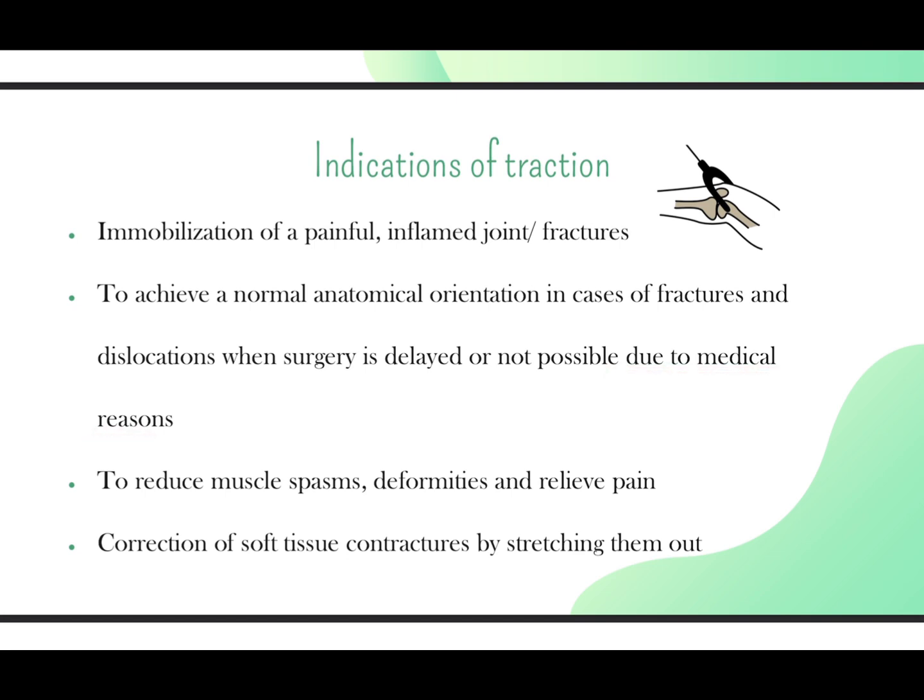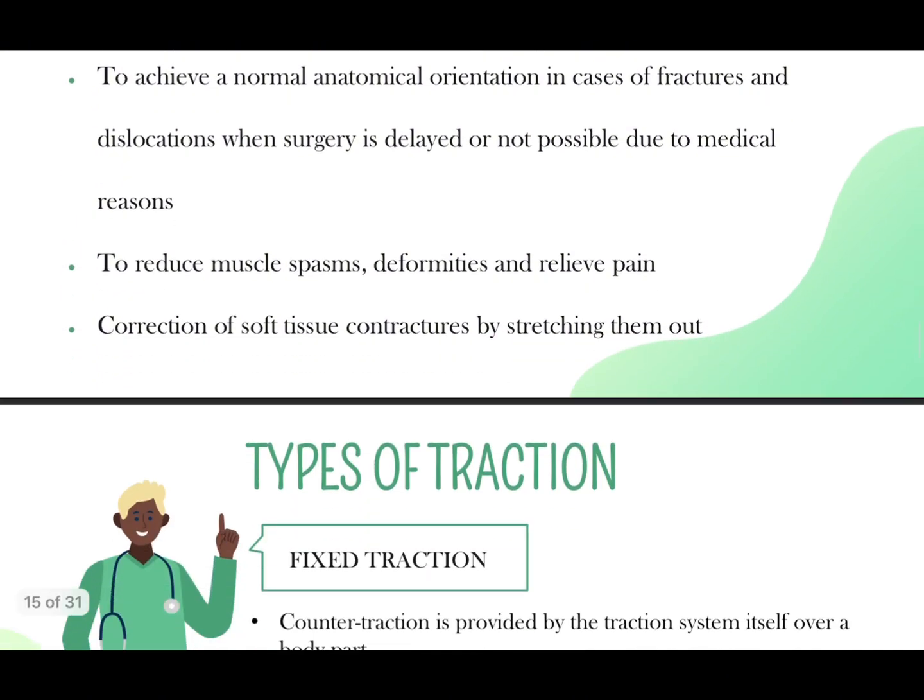It can also be used to reduce muscle spasms and deformities, and also to relieve the pain, because if the patient is immobilized, then the pain also reduces. It can also be used to correct soft tissue contractures, such as torticollis of the sternocleidomastoid, by stretching them out.